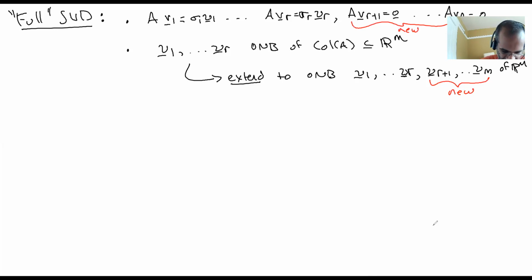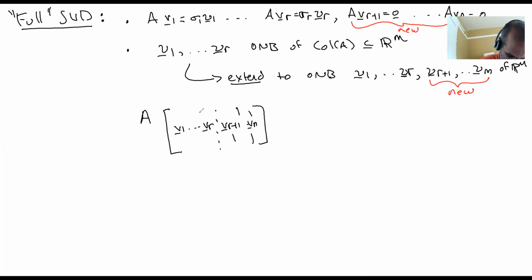And if you write all this information in matrix form, you get that A times V1 up to Vr, but now you have these new vectors, V(r+1) up to Vn, equals this matrix of U's, U1 up through Um.